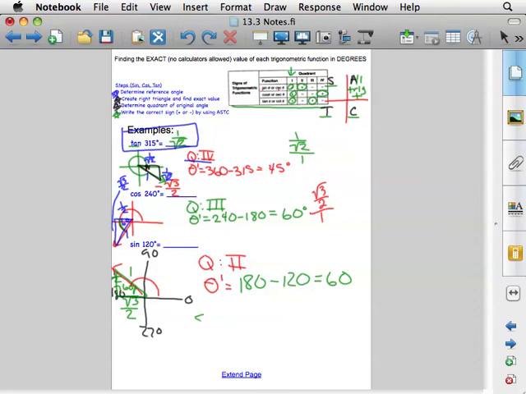If we're finding sine of 120, we know this is opposite over hypotenuse. Our opposite is 1/2 and our hypotenuse is 1, so the sine of 120 is 1/2. And in our second quadrant, sine is supposed to be positive. So sine of 120 equals positive 1/2. Now there are 3 examples at the bottom of this page. I'd like you guys to go ahead and try.